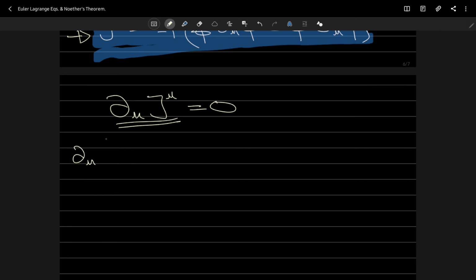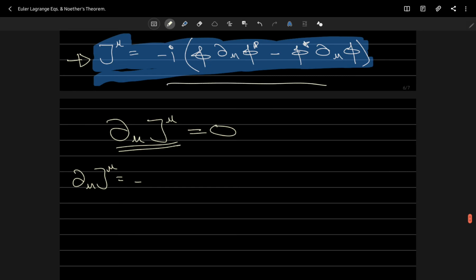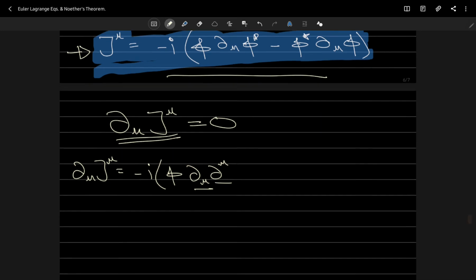Partial mu j mu is equal to negative, look at this thing, right? This is your j mu, and partial derivatives commute with each other. So we will have negative iota phi, and we can move these partial derivatives inside. So we would have partial mu, right? Because that's how these derivatives contract with each other. So one is with the lower index and the other one is with the upper index.